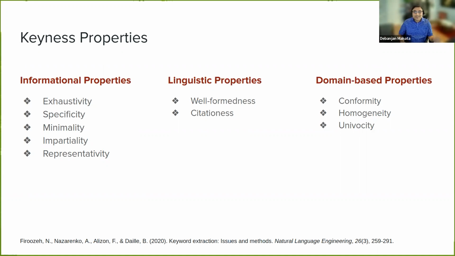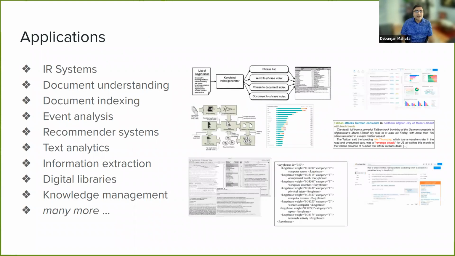The same key phrase can be referred to in a very different way, and different domains have their own jargons. There are several domain-based properties which help you identify key phrases which are very domain specific. So I think this paper is a very good read. You guys can go ahead and read it later on.